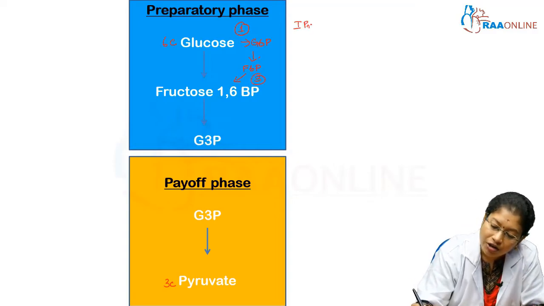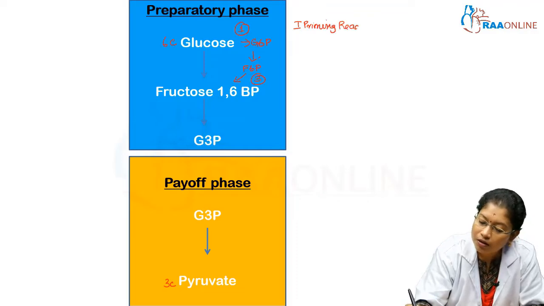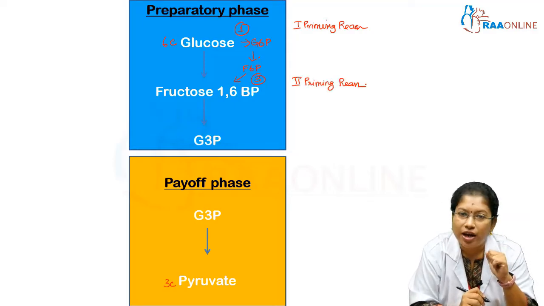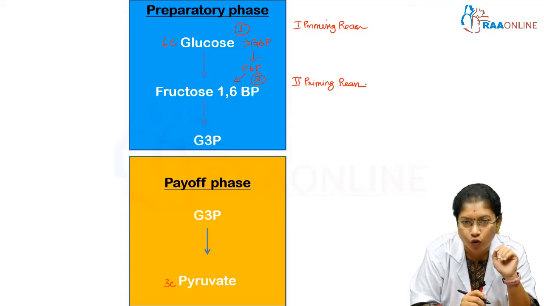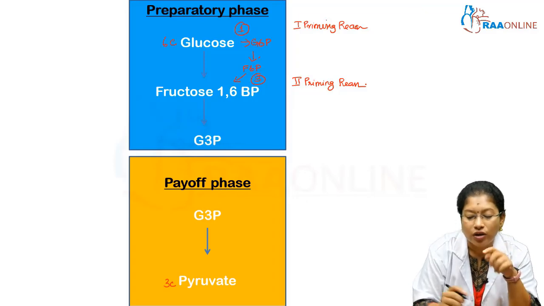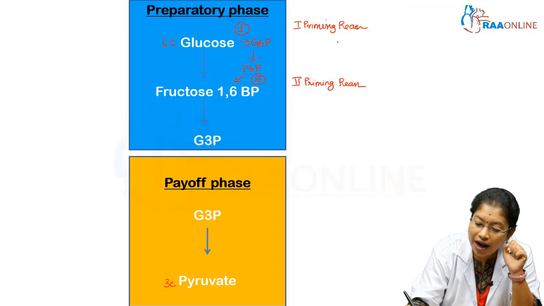This is the first priming reaction, and this is the second priming reaction. In the first and second priming reactions, we are adding a phosphate group. When adding a phosphate group, we are investing ATPs. In the first reaction, we add 1 ATP.